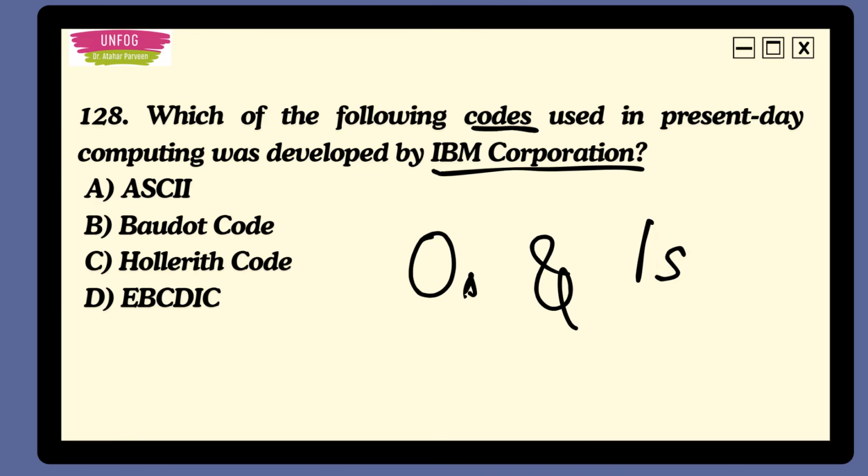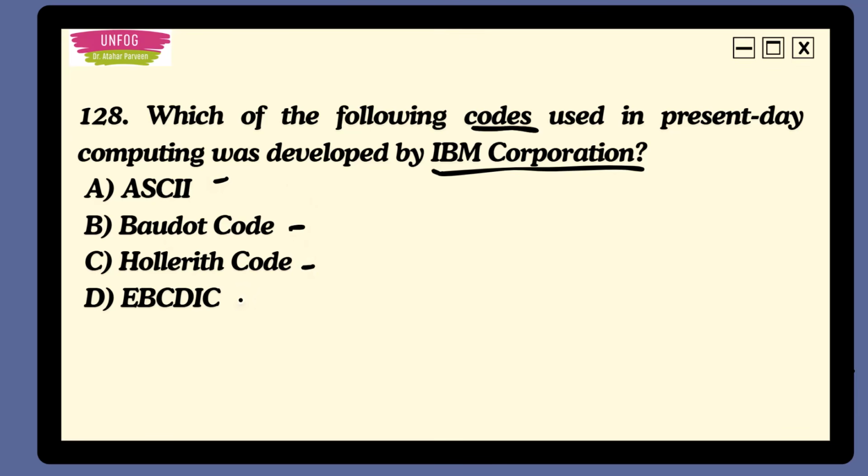Okay. So that way of representing zeros and ones is called as a code here. Okay. There are types of codes he has given here. ASCII code, Baudot code, Hollerith code, EBCDIC. We need to first know what these options mean.